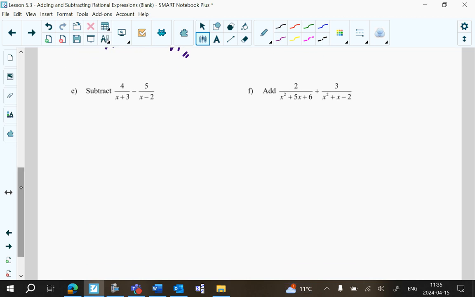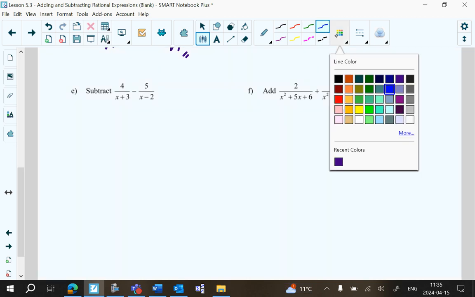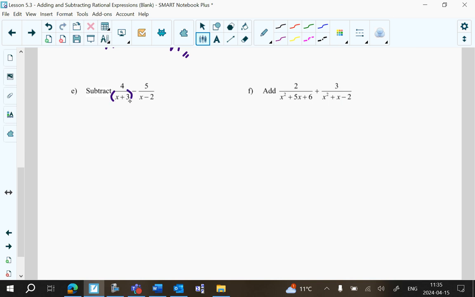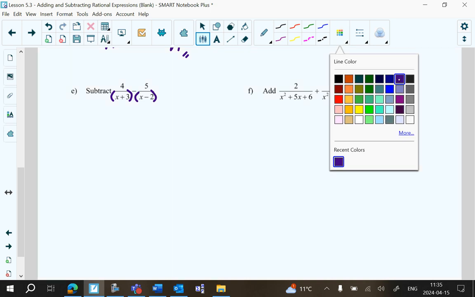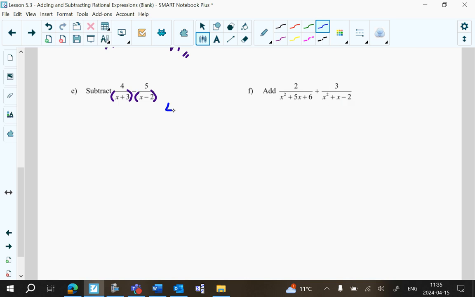Remember, you see binomials, think parentheses. So here's an example that you were asking about, McKenna. What's the lowest common denominator of this one? No, don't multiply it through.